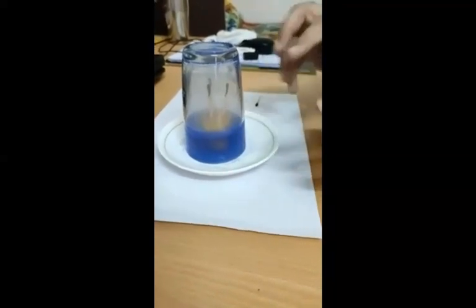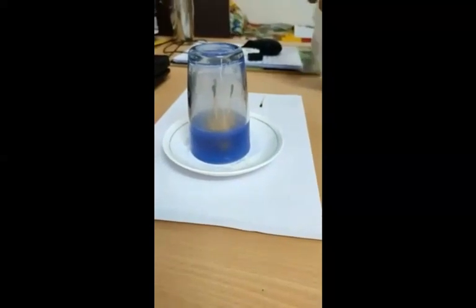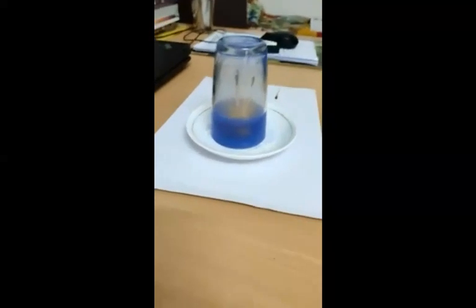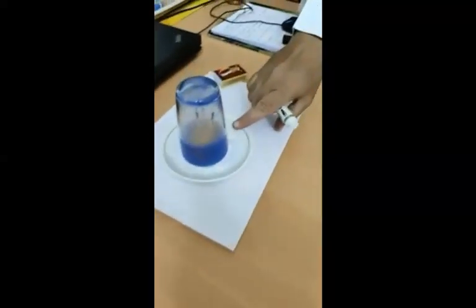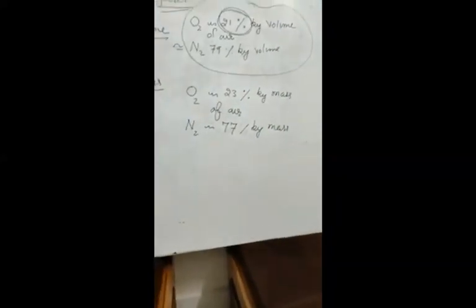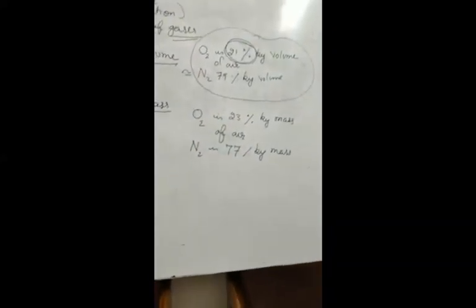So this is a simple experiment used to demonstrate how oxygen helps in combustion. It is used up, and by measuring this volume, it is possible to calculate what volume of oxygen. So oxygen is about 21% by volume, and nitrogen 79% by volume.